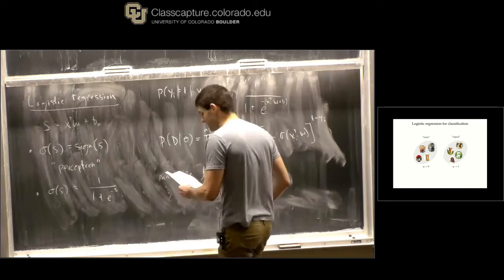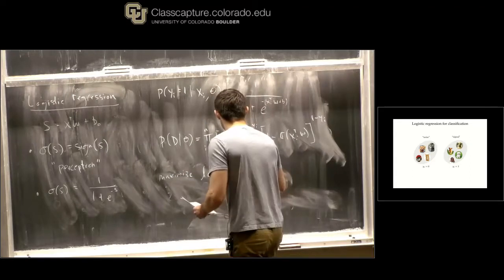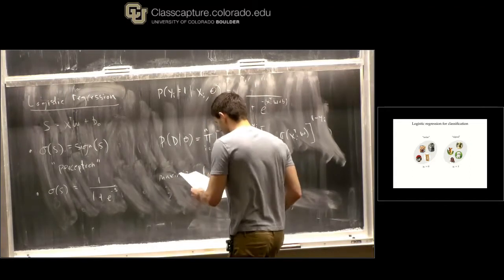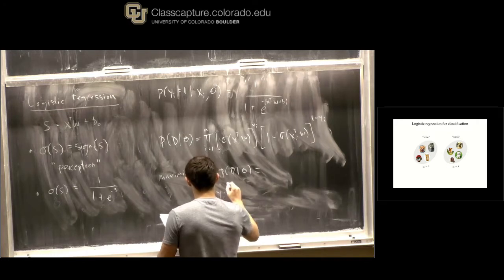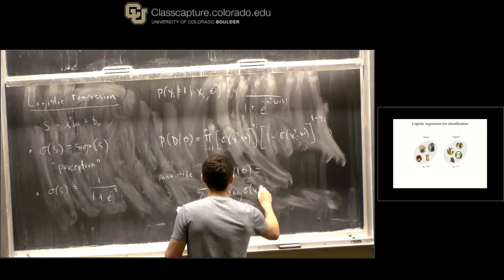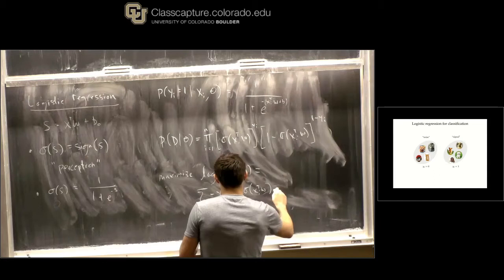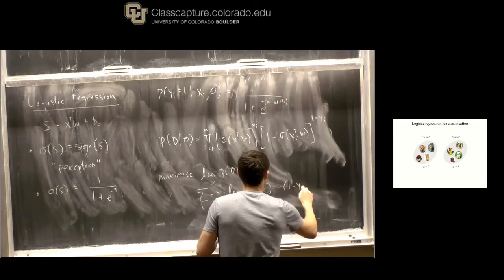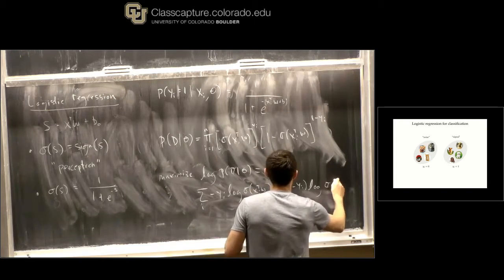And in 1 minute, I'll write it out because it's an important equation. So it's the sum over the data samples of minus yi log sigma minus 1 minus yi log 1 minus sigma, sorry.